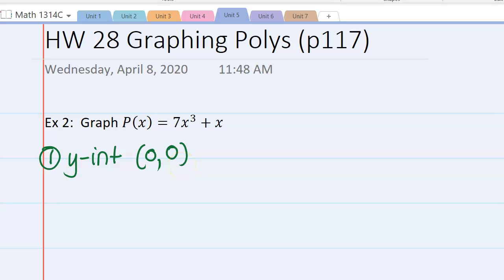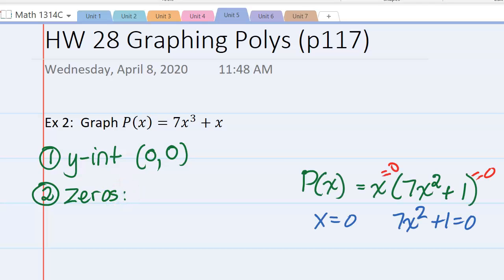For step 2, we need to find the zeros, so we will factor p of x completely. Notice that we are not able to factor 7x squared plus 1. To find zeros, we will set x equal to 0 and 7x squared plus 1 equal to 0.